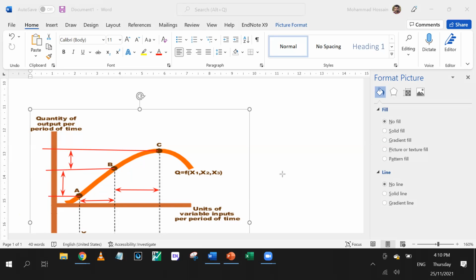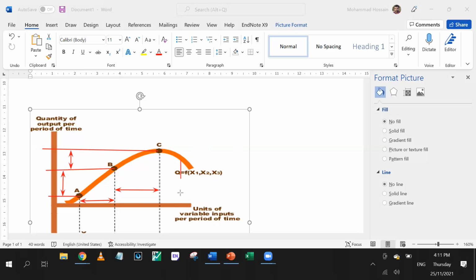What we are trying to say here is that not necessarily, if you increase your input, your output will also increase at the same rate. No, it's not. Input and output may not always maintain the same rate. Why is it so low? You can see here that if they increase more input, output will actually go down.